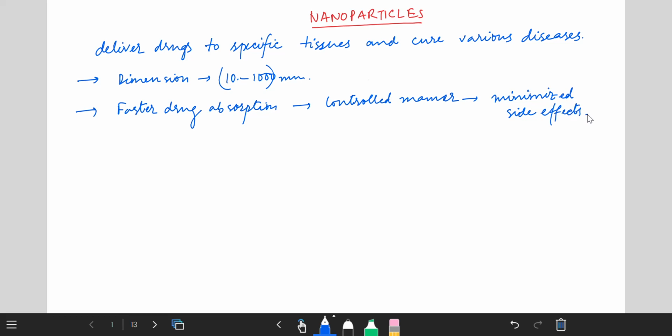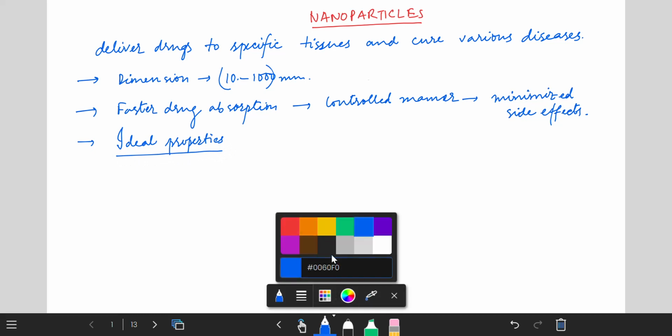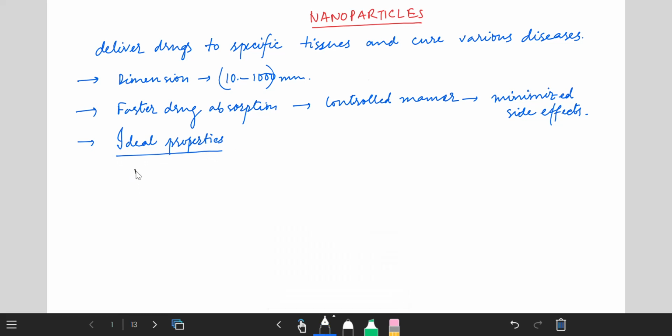Now, what are the ideal properties of nanoparticles? First one, it should be stable in physiological pH or in blood.